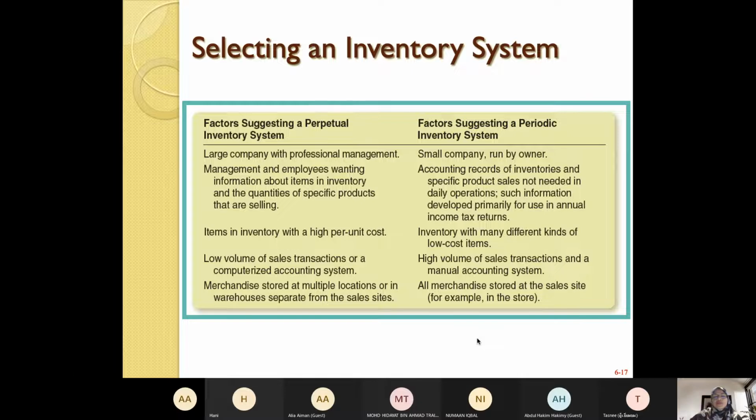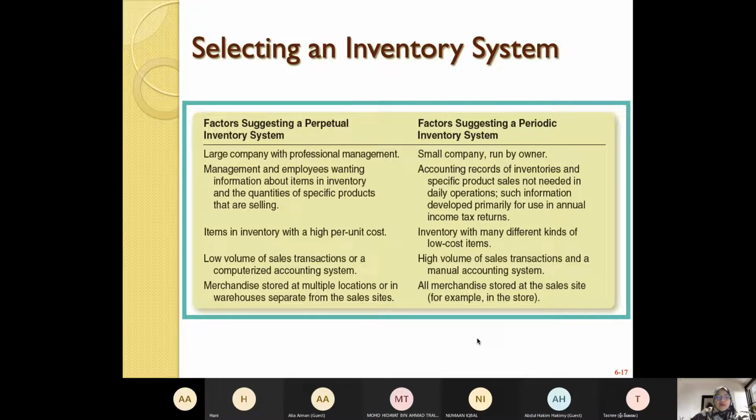So if in a year you have a very small number of transactions to record, then you can use perpetual if you don't have an accounting system. But high volume transactions definitely require a computerized accounting system if you go for a perpetual inventory.